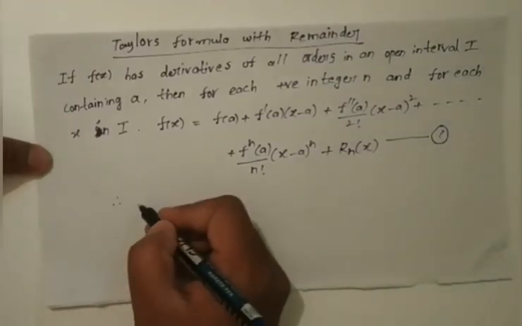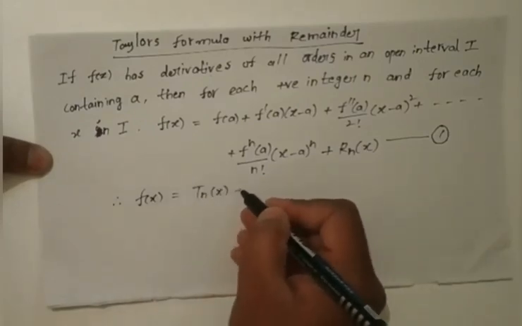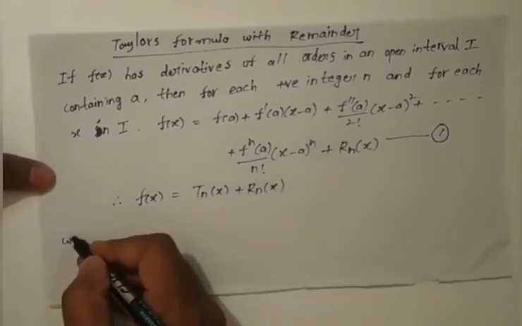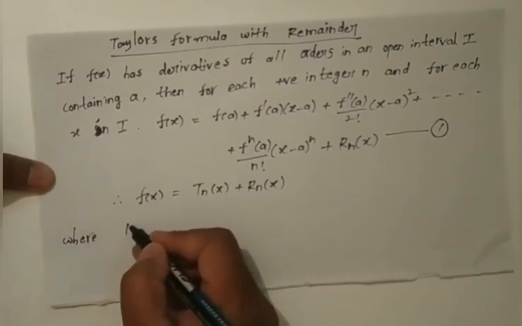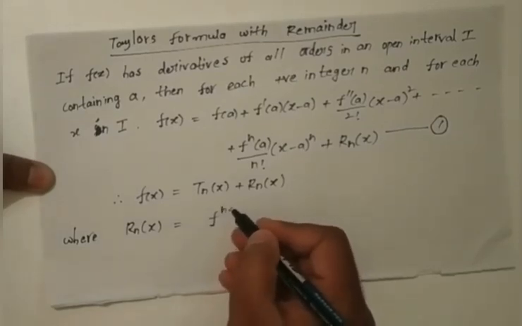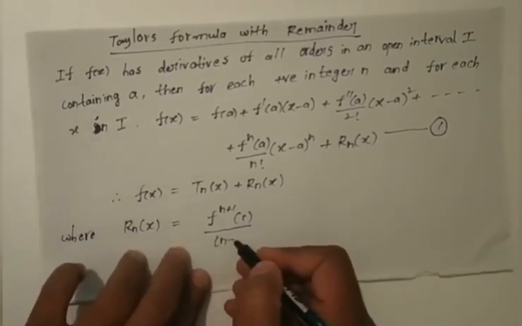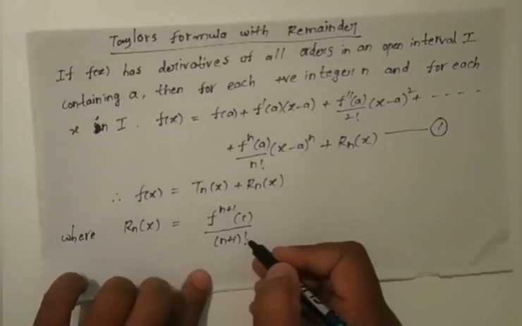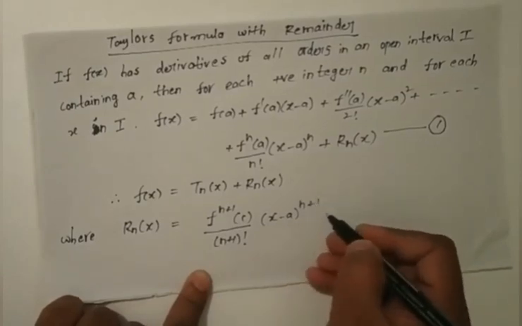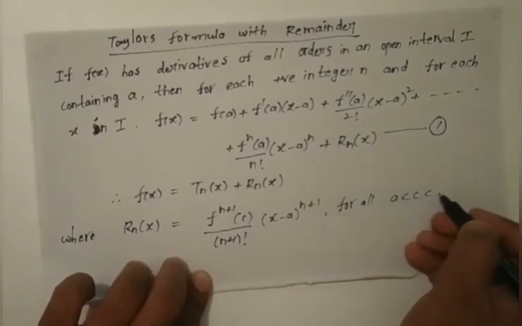Therefore, f of x is equal to Tn of x plus Rn of x, where Rn of x is equal to f power n plus 1 of c by n plus 1 factorial into x minus a whole power n plus 1, for some c with a less than c less than x.